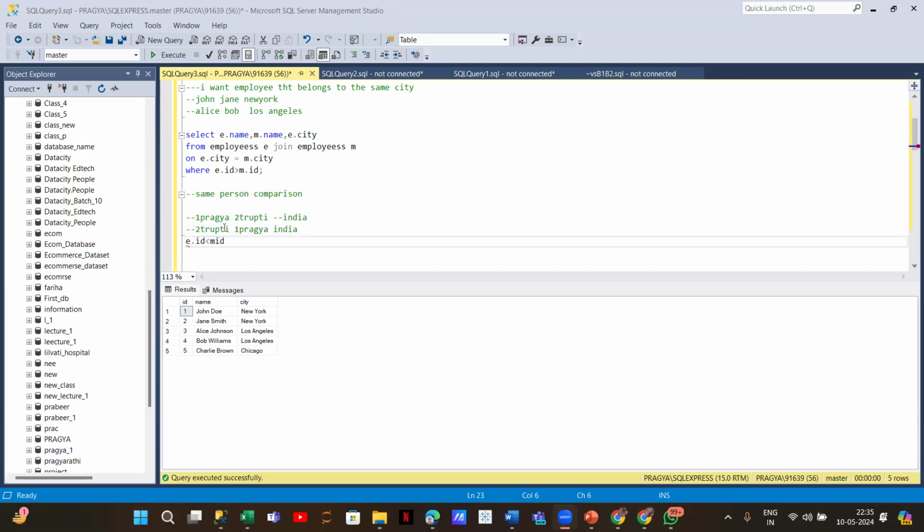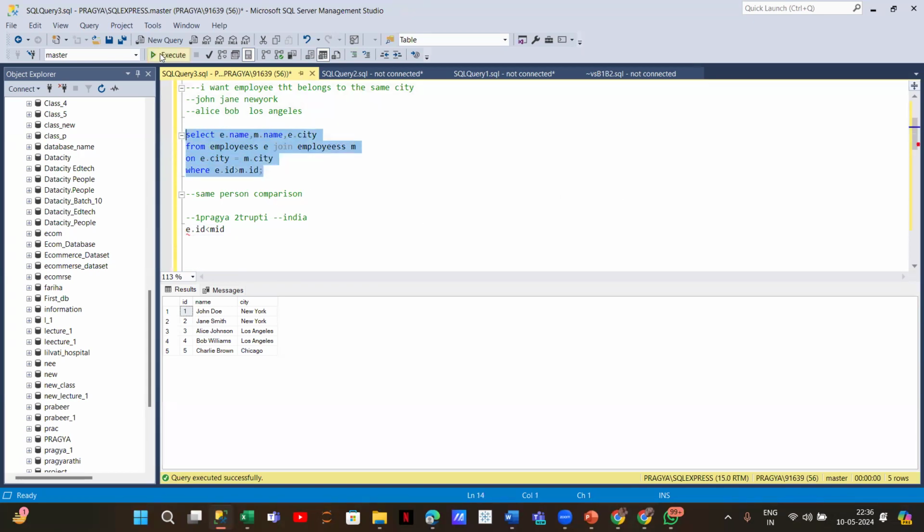Does it matter that I want to remove only the first row, and don't want to remove the second one? It's according to me, it's my choice. And it doesn't matter if I write Pragya first or Tripti first, right? Tell me. No, na? So that's why I have written like that.